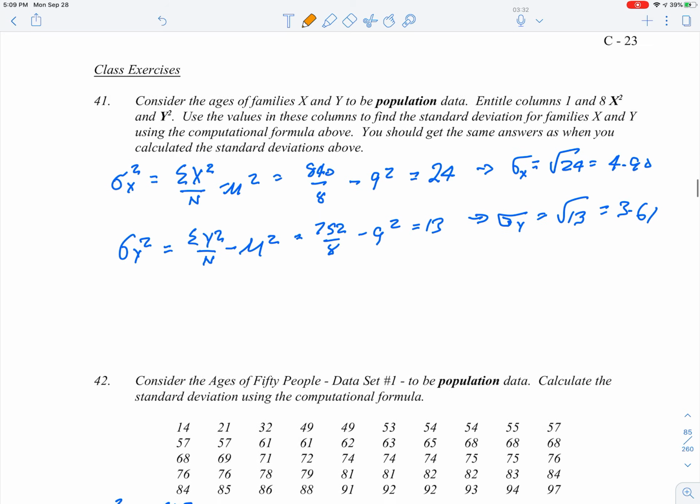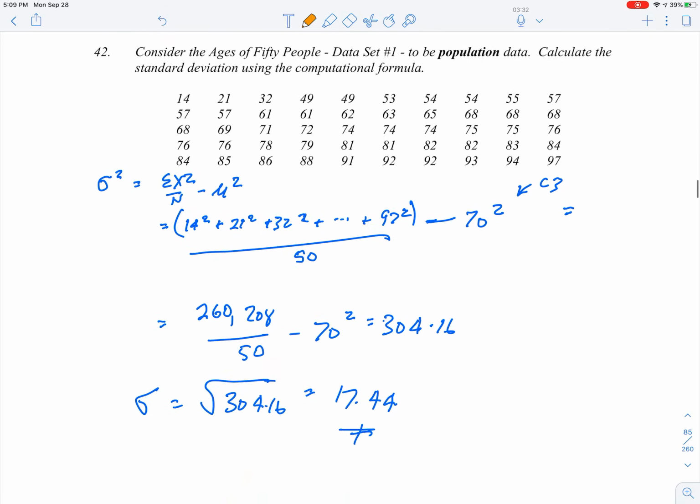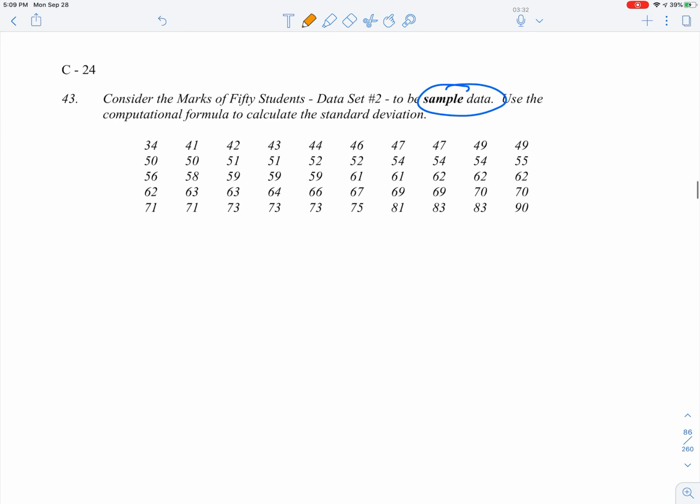Okay? So let's take a look down here then at the marks for the 50 people here. And so we ended up with an x bar equal to 60, and that was from page C4. Page C4, although we calculated that as population before, but sample would turn out to be the same.